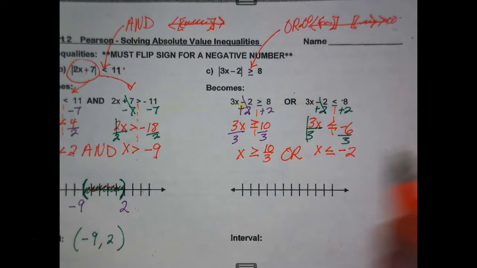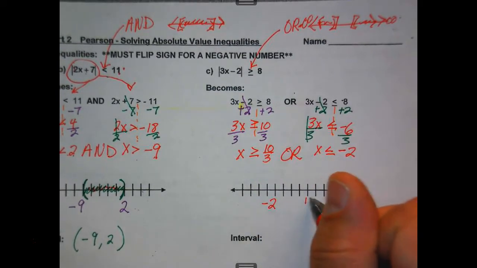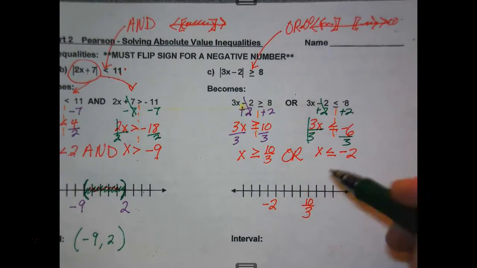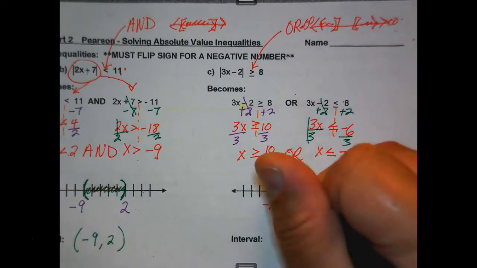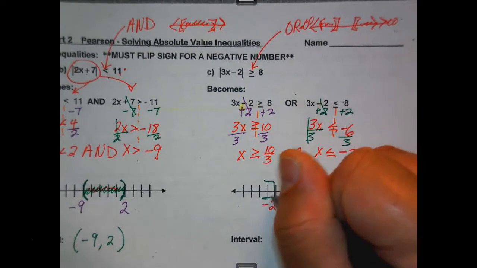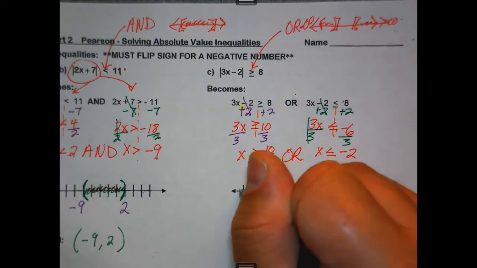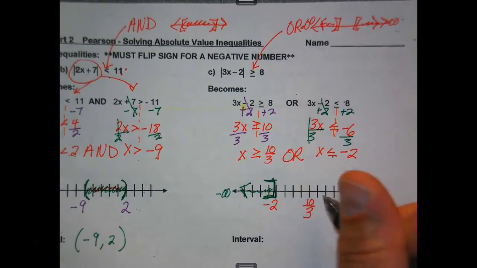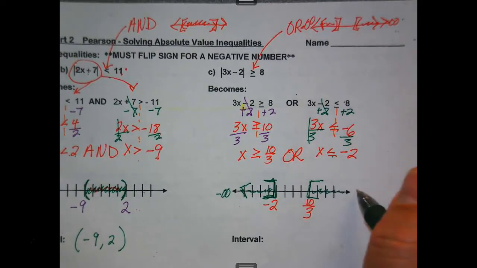Okay, the small number is negative 2. The larger number is 10 thirds. Brackets or parentheses? Brackets on both, right, because of the equal sign. And they're going to go out to follow the sign, out to negative infinity, and out to positive infinity.